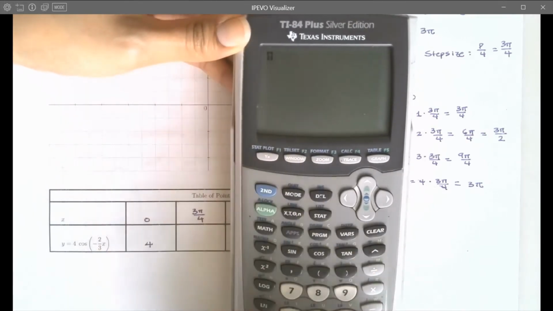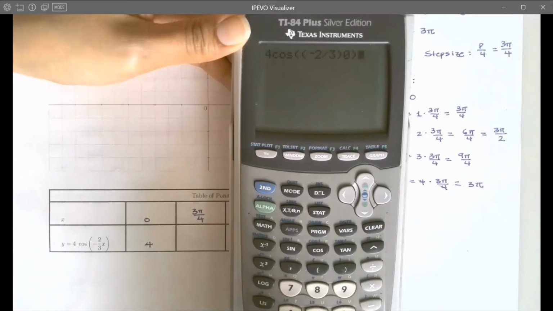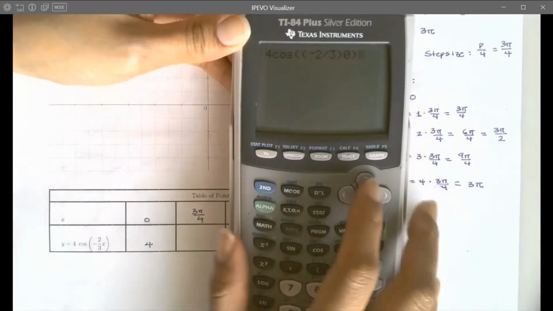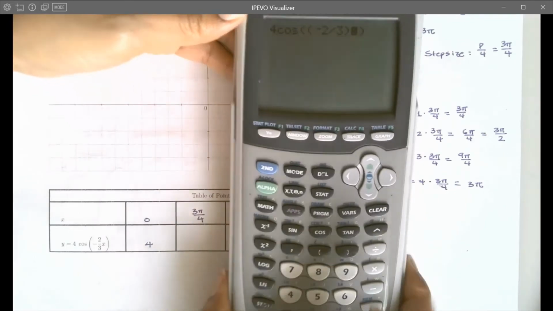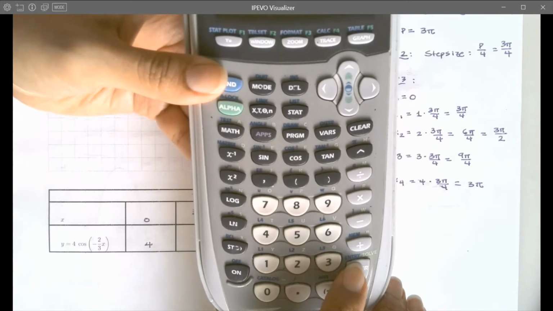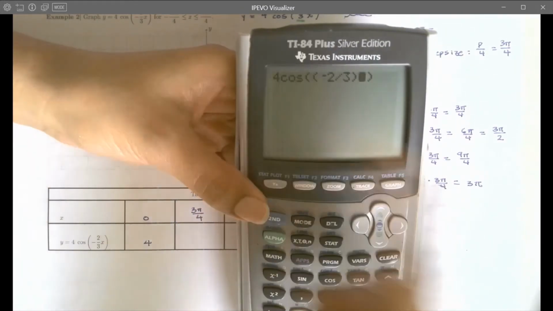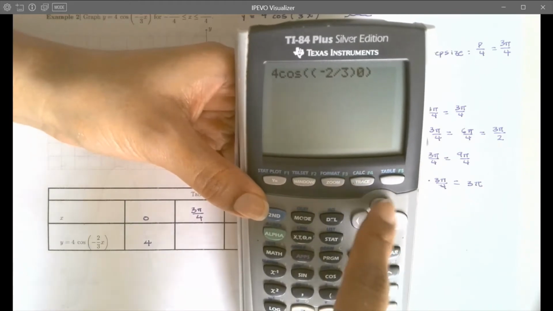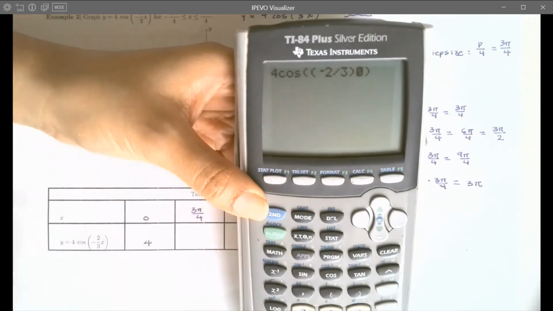Okay, next value. Notice I'm doing simply second, enter, so that I can get my previous expression. On your calculator, you can just experiment with where this key entry is at, so that it can bring up the previous expression. For some calculators, you can just press the up button, and that'll automatically bring it down for you.